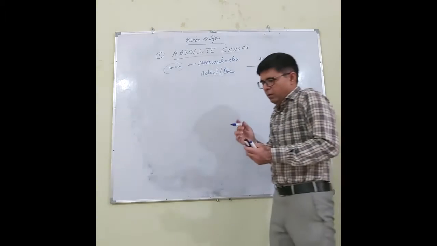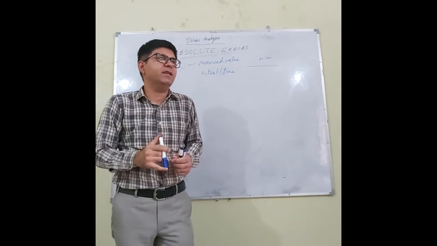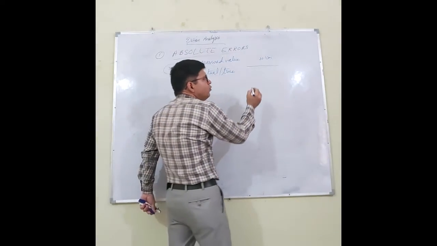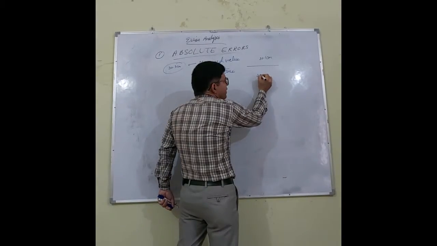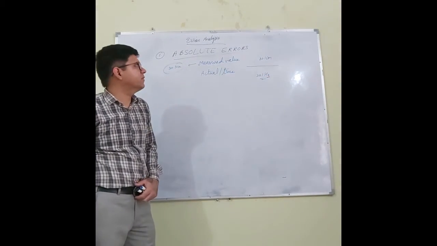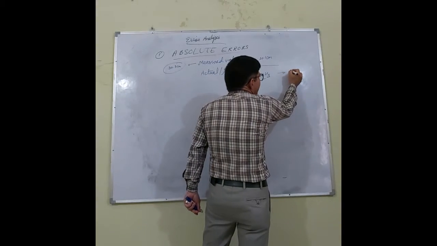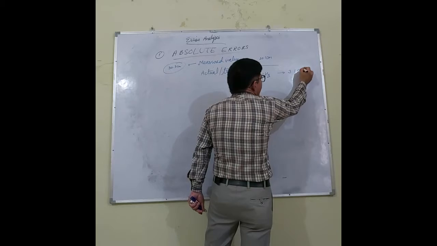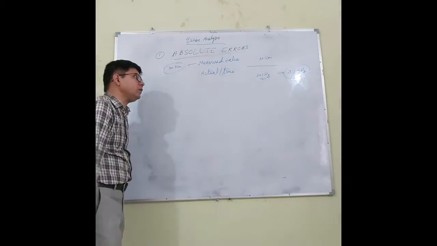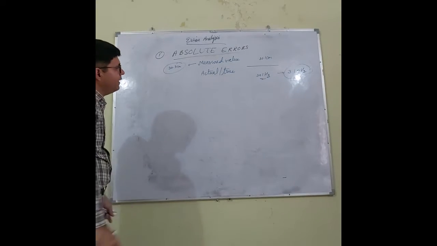For example, when you do experiments related to electricity, frequency, etc., and on that instrument the frequency is written as 301 Hertz, then this 301 Hertz is the actual value, the true value. If you calculate the frequency as, say, 310 Hertz, then this value is the measured value. Right?